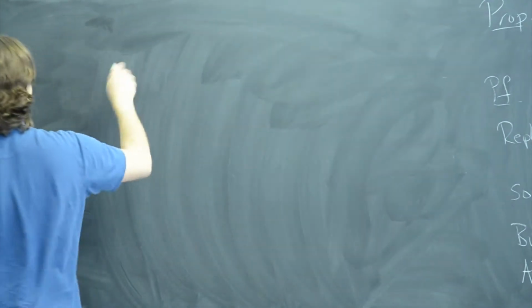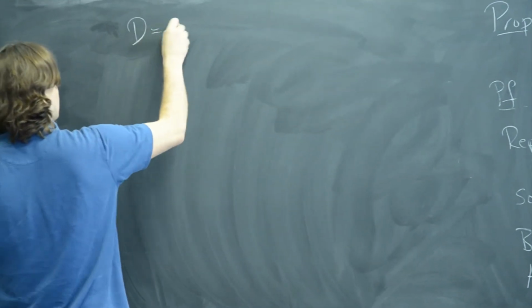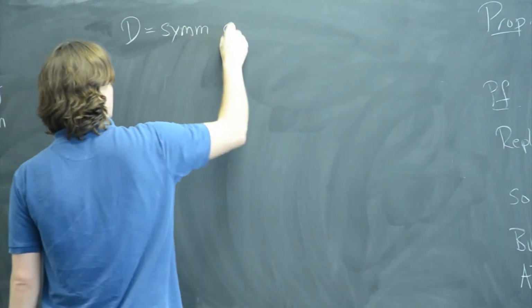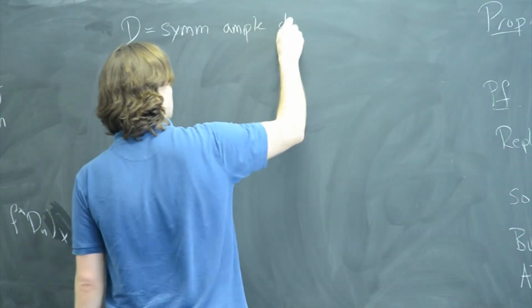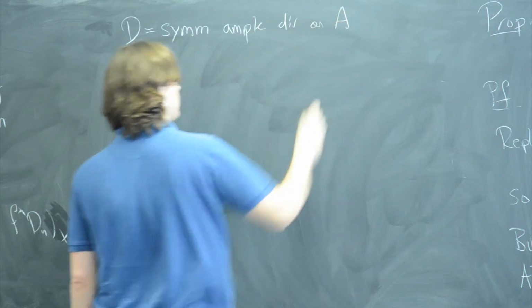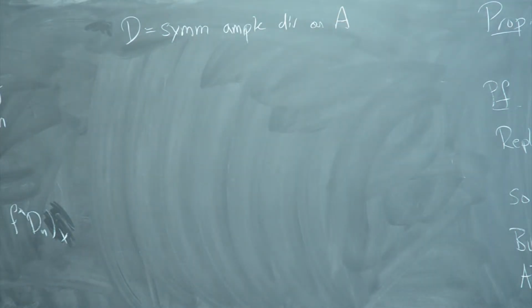And so if I work on my Abelian variety A, if I let D be a symmetric ample divisor in A. So by symmetric and ample, I just mean that the associated line bundle has those properties. So I'm going to look at what happens when I take F to be multiplication by n and use this formula.